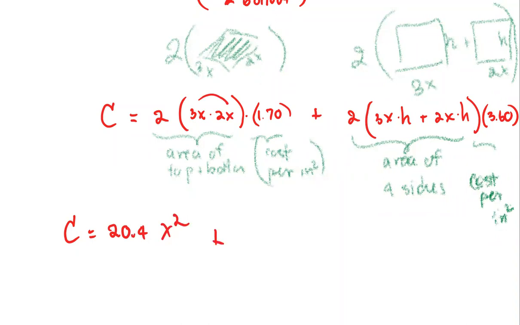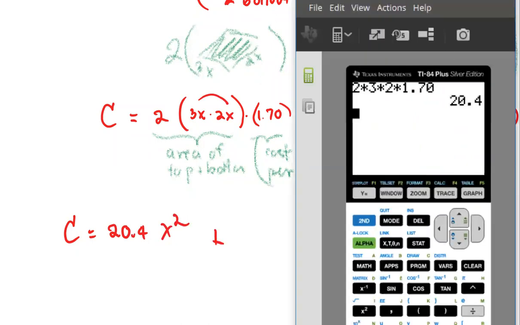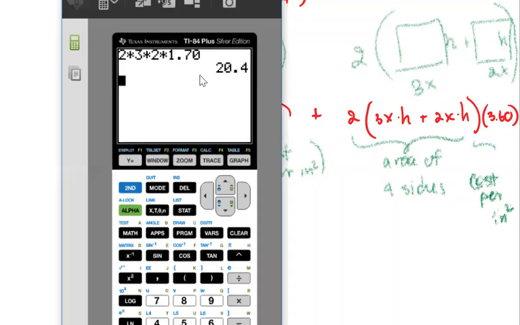And then the second one, do the same way. It's going to be 2 times 3, and actually 3 plus 2 is 5.